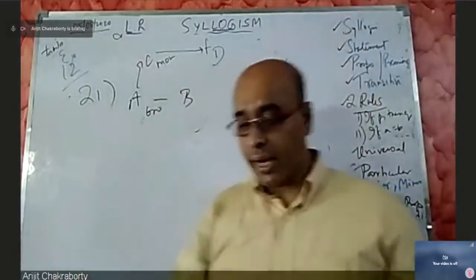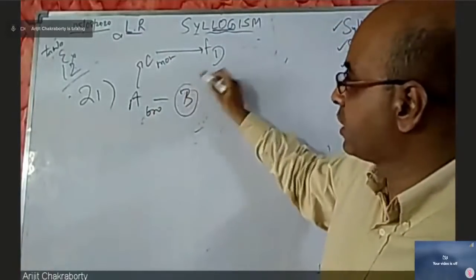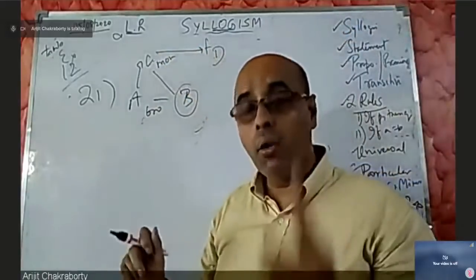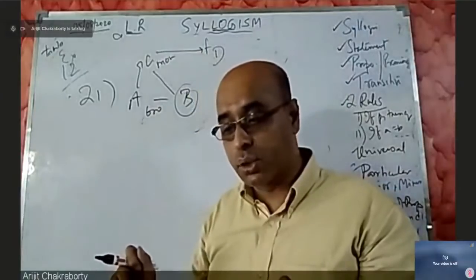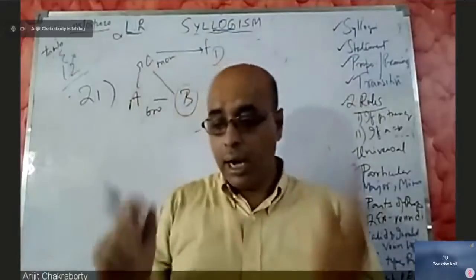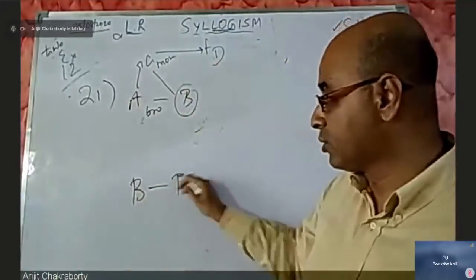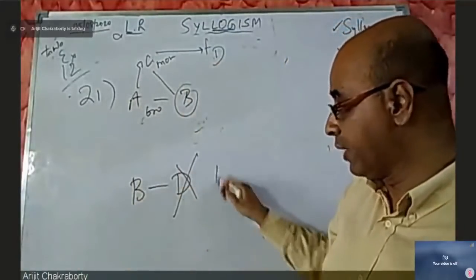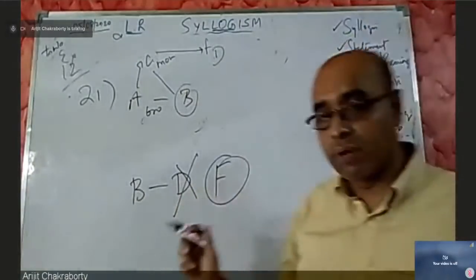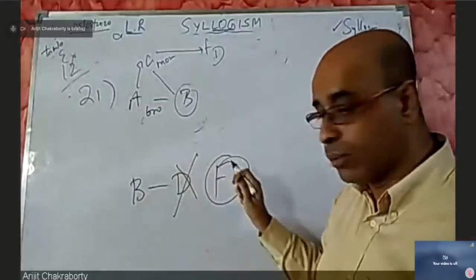B is D's granddaughter, so B is definitely D's granddaughter. Now, how is B related to D? In the study material question it was given that way, but it will not be D, it will be F. This is the Board of Studies clarification. The question will be, how is B related to F?